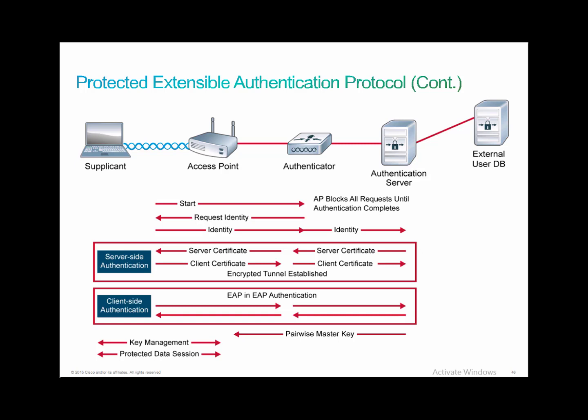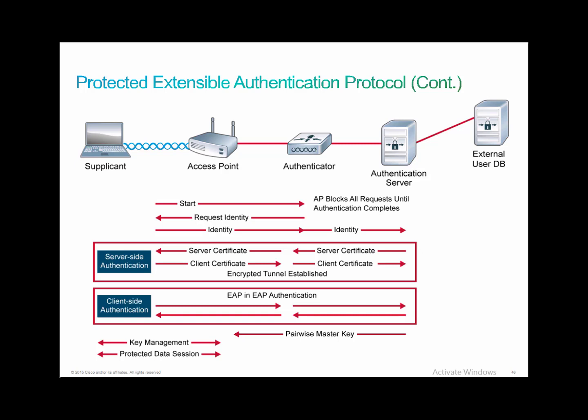They have random numbers that are sent back and forth to each other to generate this common value called the session key or the pairwise master key. And then that key is directly used to generate a WEP key or as an initial value for further negotiation between the clients and so on.